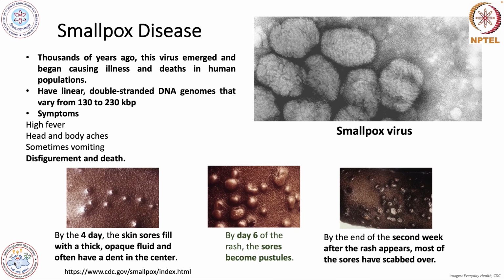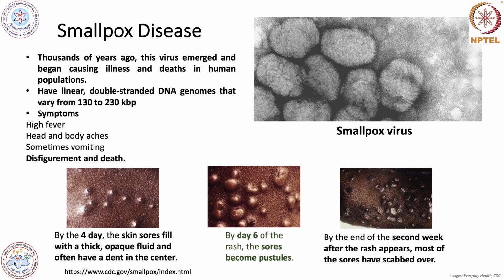Smallpox also affects various important organs. Besides this, it makes the skin very bad. If you Google images of smallpox patients, you can find that it mainly affects the face, hands and other parts of the body.